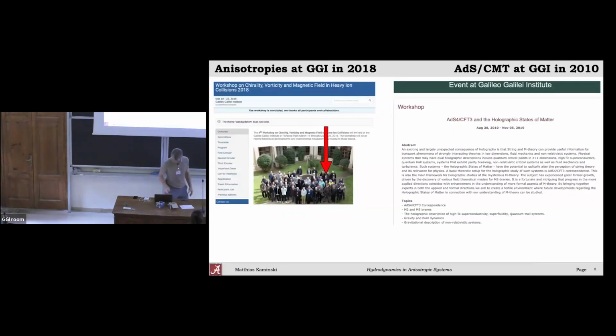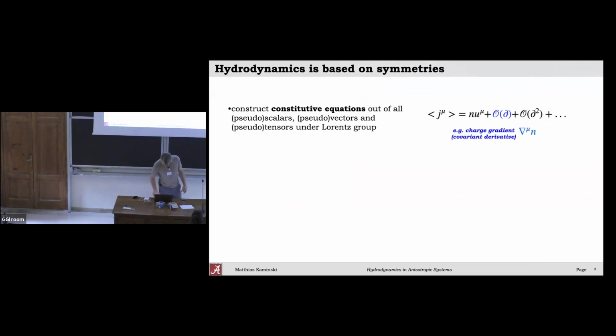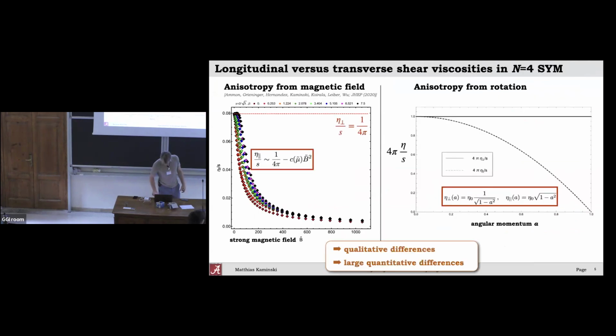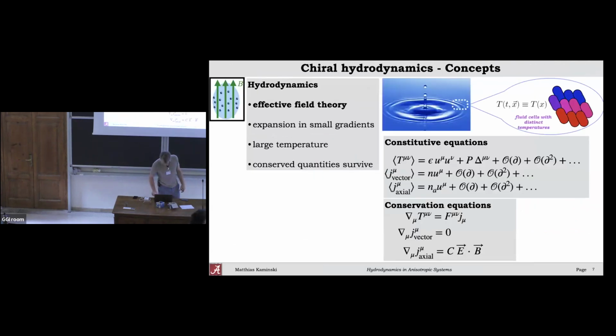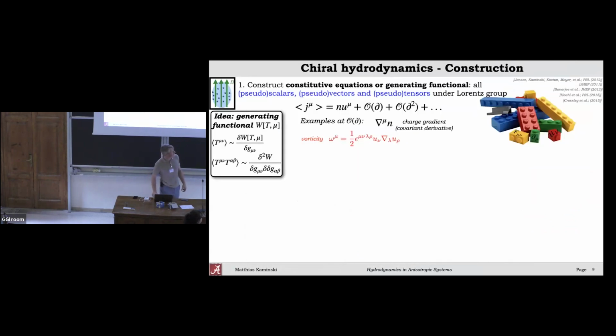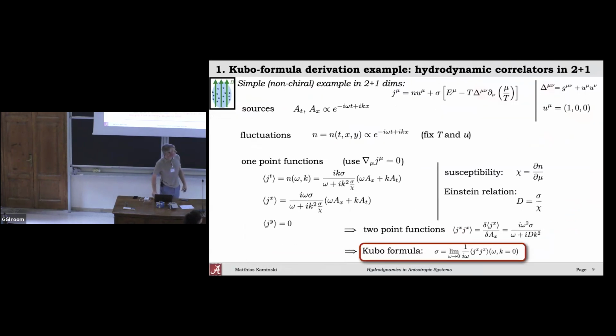And I start again. Sorry, I use the conservation equation here for the current in this example to derive this form of the denominator. And with a few redefinitions, we get exactly what we expect for the Kubo relation for the conductivity.